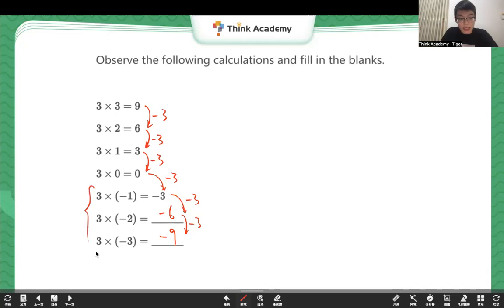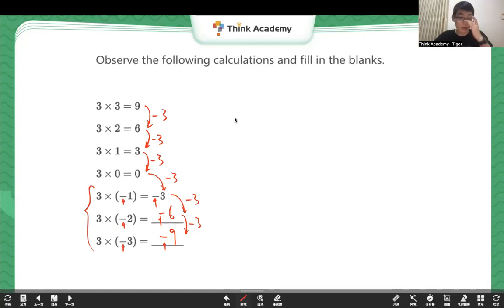So you can see that in 3 times minus 1, 3 times minus 2, and 3 times minus 3, it's just like 3 times 1, 3 times 2, and 3 times 3, except that the sign has changed, right? Except that we have a minus sign in front of these numbers.